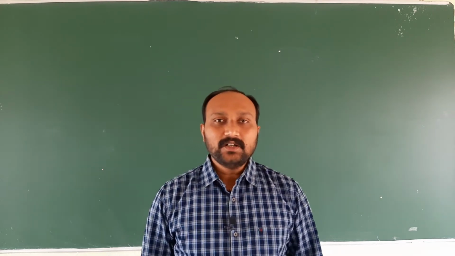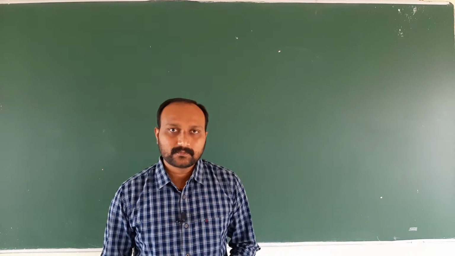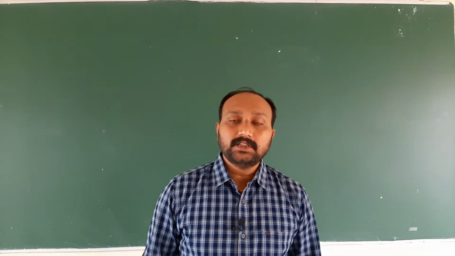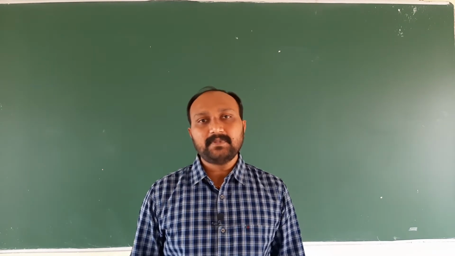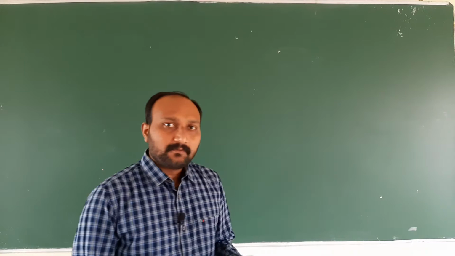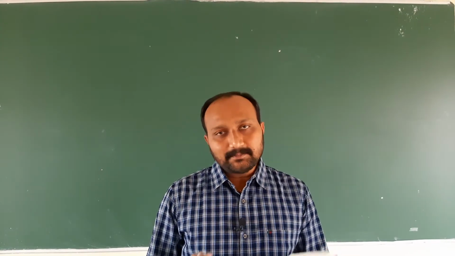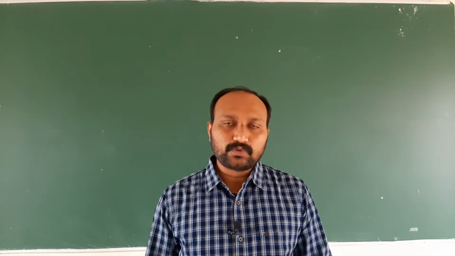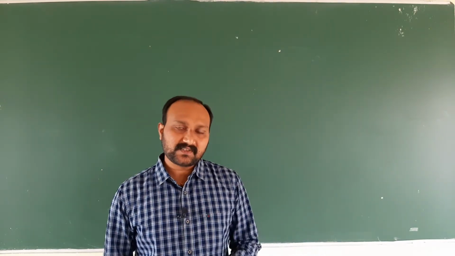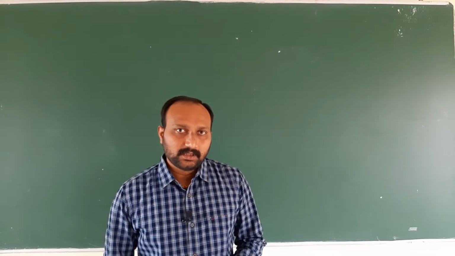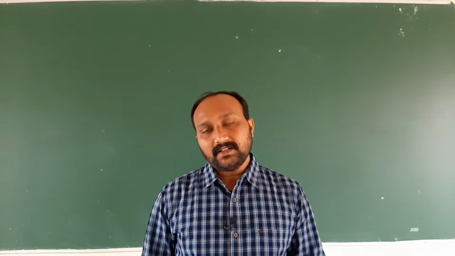In today's video, let us continue with the discussion of data representation. What is a number? Numbers are nothing but symbols having predefined meaning. We also know that in the number system, there are two types: non-positional number system and positional number system. In positional number system, there are totally four different types.